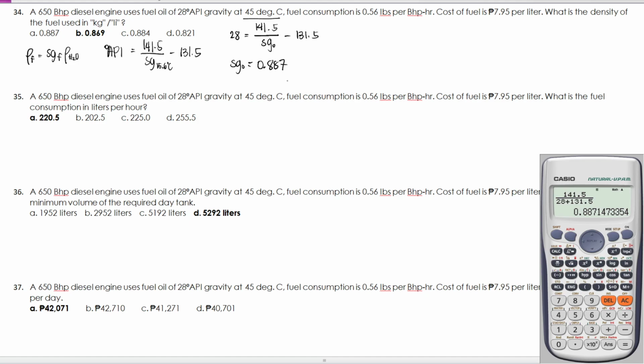So, i-correct pa nga natin ito or i-adjust pa nga natin ito base dun sa specific na temperature sa ating problem. So, according sa problem na yan, ang diesel fuel na gagamitin is at 45 degrees Celsius.